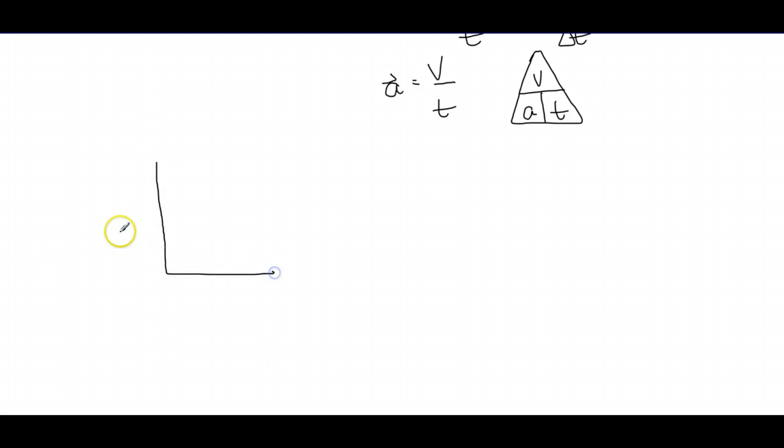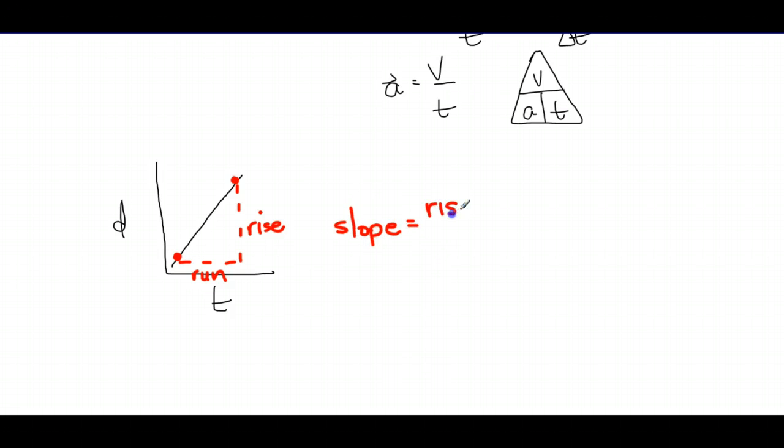If we have a distance time graph and we were to plot it and it's a straight line, then we should be able to take the slope of this line by picking 2 points and figuring out the change in your rise divided by the change in your run. And this tells us the slope of that line, which equals rise divided by run.